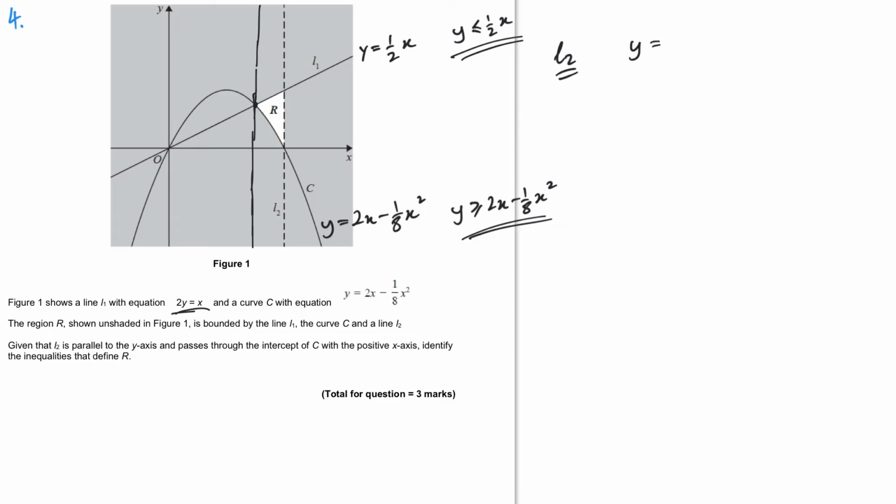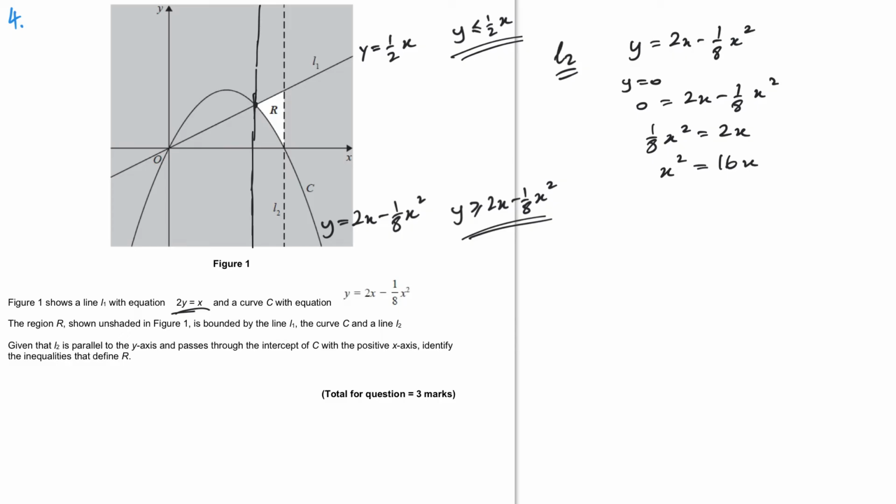So y equals 2x minus 1/8 x squared, and we know that y equals 0. So 0 equals 2x minus 1/8 x squared. 1/8 x squared equals 2x. Multiplied by 8, x squared equals 16x.